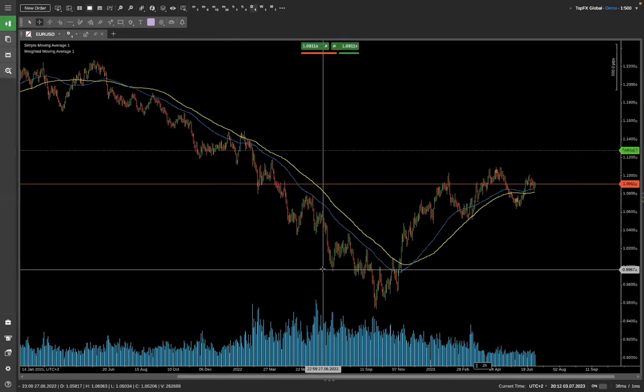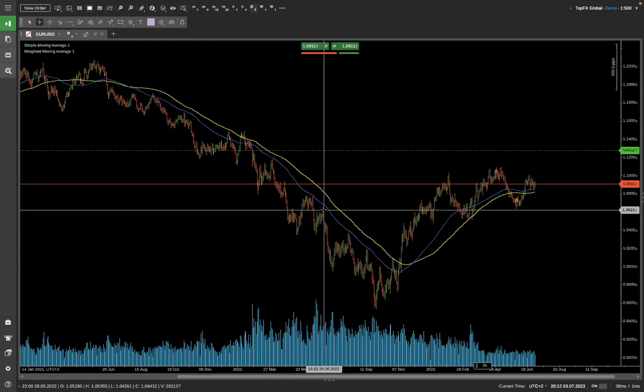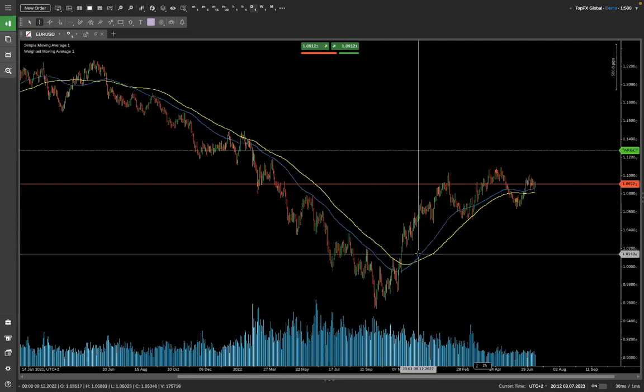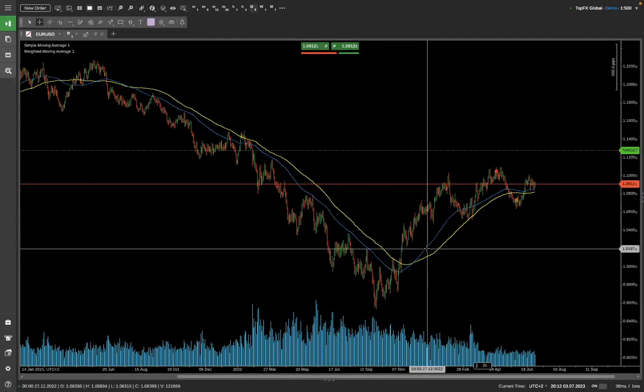Why? Because the formula to calculate the blue one, the exponential or weighted moving average, is different than the formula to calculate the simple moving average, the base moving average there is. Basically the difference is that the weighted moving average pays more attention to the most recent price changes, and gives less weight to the older price changes.